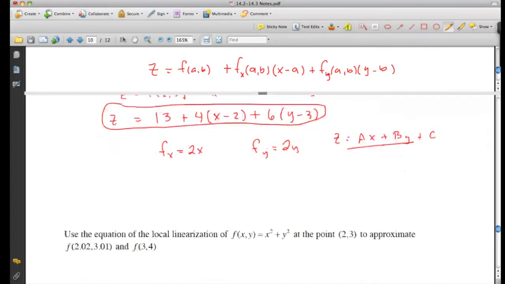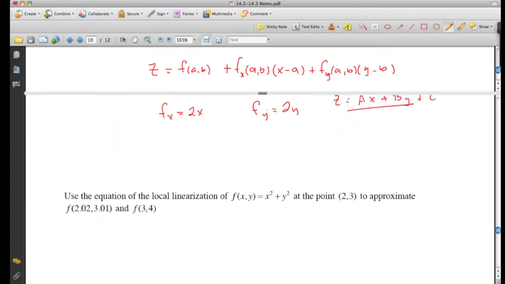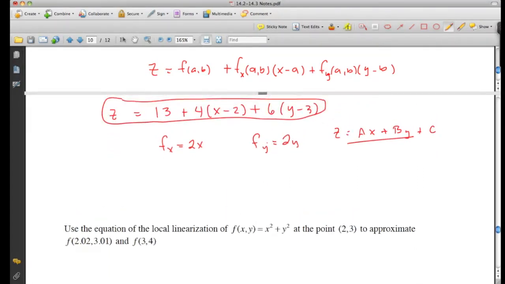Now the next thing I want to look at is what are we going to do with these tangent planes? Well, one of the things we want to do is approximate the value of a function at a particular point. So if I take this ordered pair 2.02 and 3.01 and plug it into this linear function, I just want to see what's going to happen.